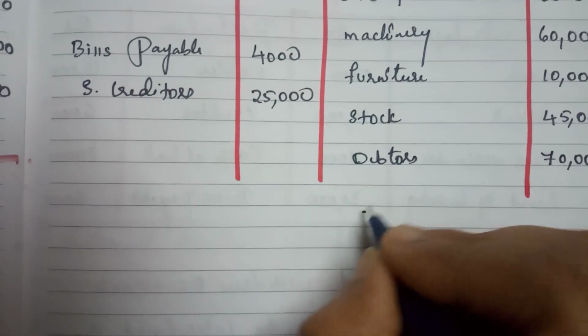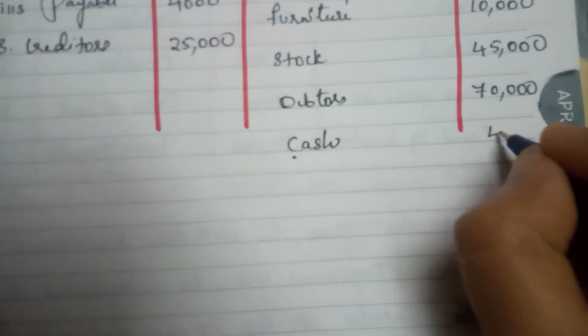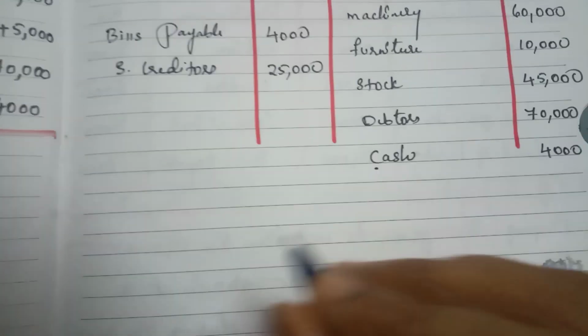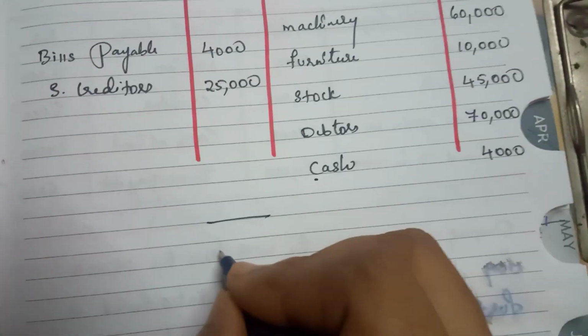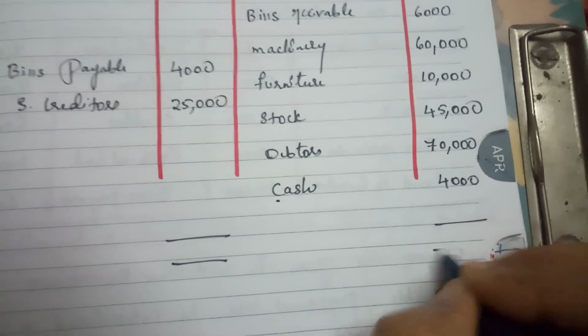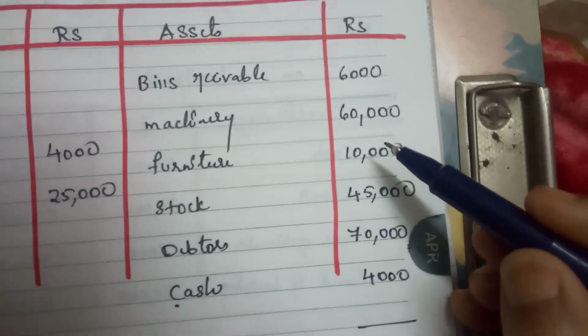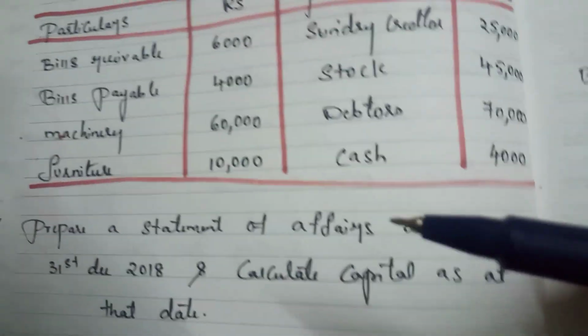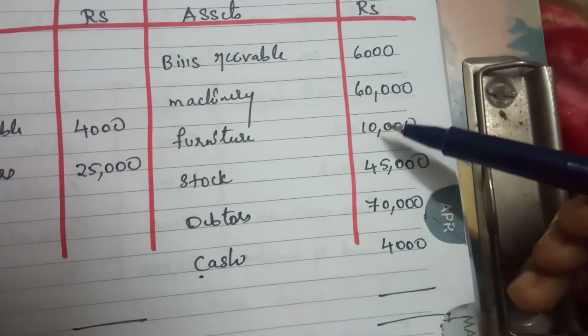Next we have cash. What's the amount for cash? 4,000. That's it. Here we don't get a tally. Just make a total. We wrote everything. Okay.